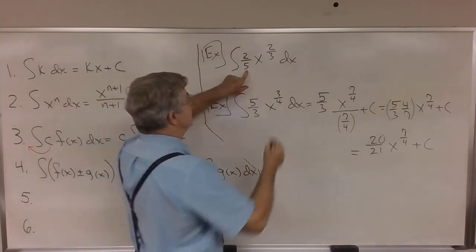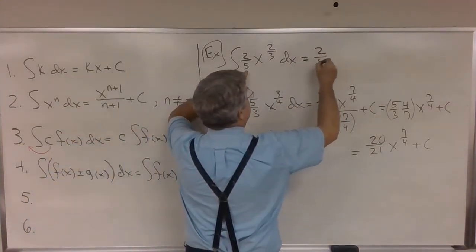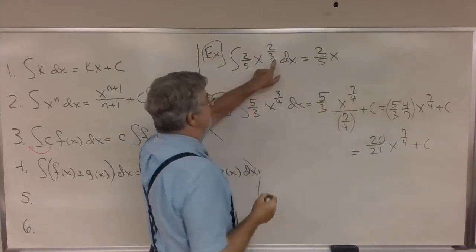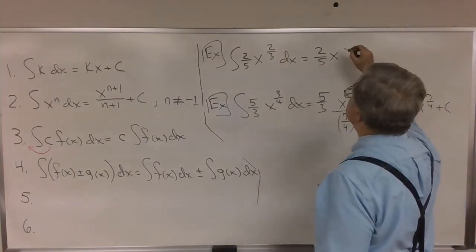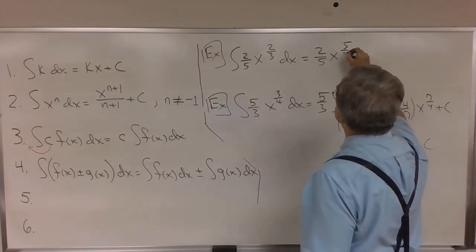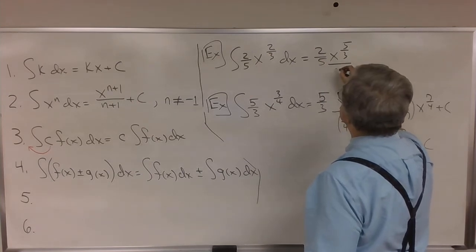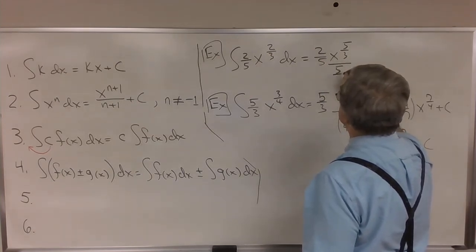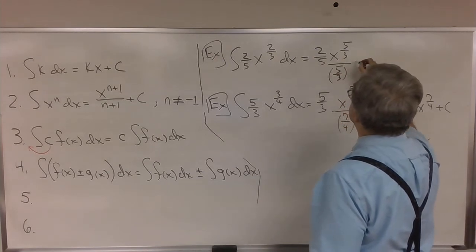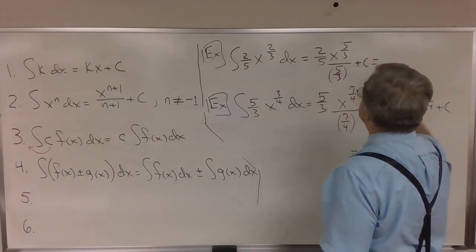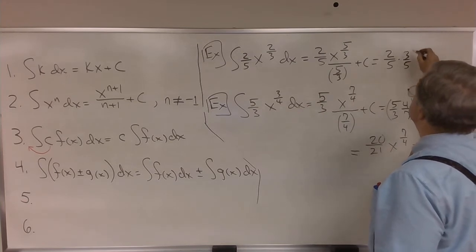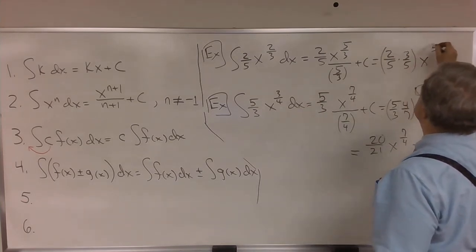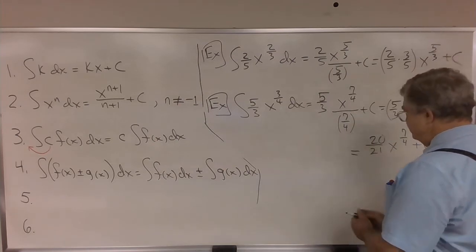We'll write the constant down, and then we'll add 1 to the exponent. 3/3 plus 2/3 is 5/3. And we'll divide by the new exponent. And let's see, that's 2/5 times the reciprocal of this, 3/5 x to the 5/3 plus c.